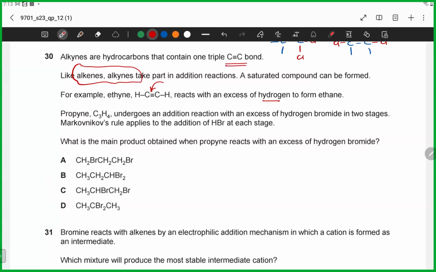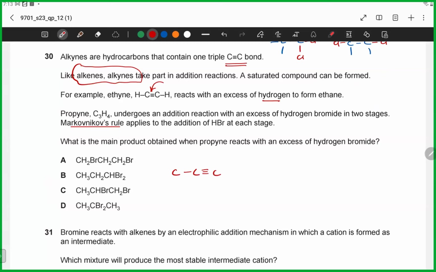अच्छा वो कह रहे हैं propyne undergoes an addition reaction with the excess of hydrogen bromide in two stages. Markovnikov's rule applies to the addition of HBr at each stage. What is the main product of propyne? Propyne पहले बनाओ। Propyne is triple bond. Markovnikov's rule पता है ना कि क्या है?